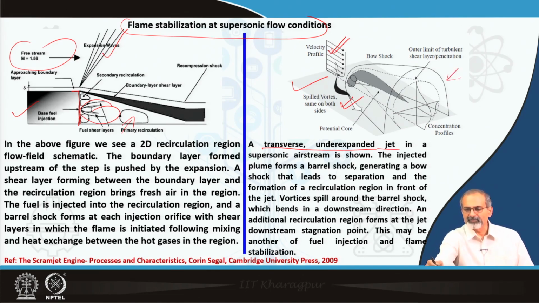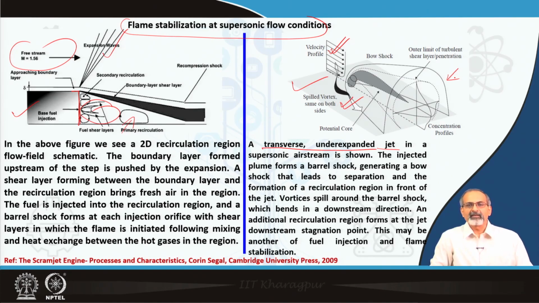So, this is the structure of the flow field where the barrel shock would be formed, generating a bow shock that leads to separation and formation of a recirculation region in front of the jet. Vortices would spill around the barrel shock, and they would bend and turn downstream. An additional recirculation region would form at the jet downstream stagnation point. So, this may be another way of fuel injection and flame stabilization.